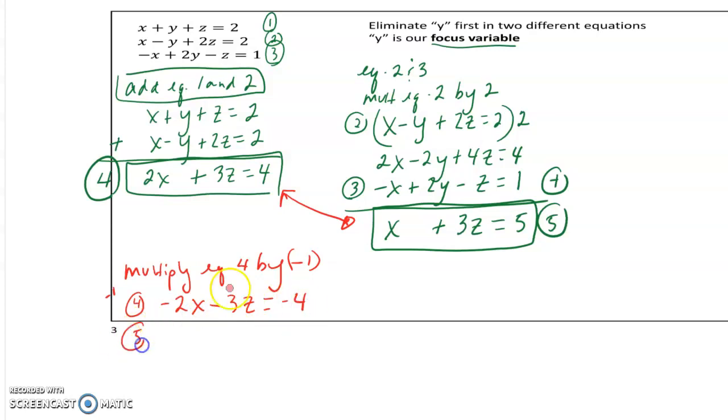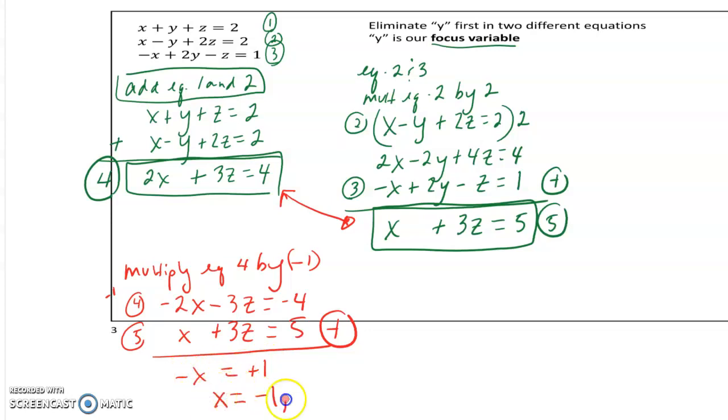Equation 5, I'm just going to bring along: x plus 3z equals 5. Now I'm going to add these two together. I get negative x, the z's eliminate, negative 4 plus 5 is 1. Multiply both sides by negative, I get x equals negative 1. Hip hip hooray, I got the x.